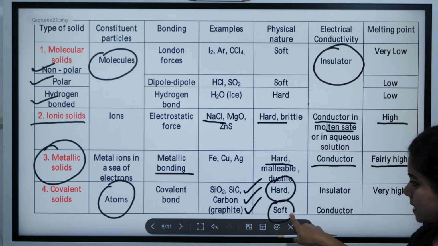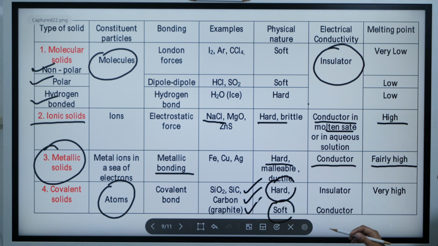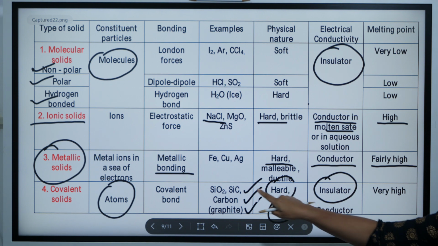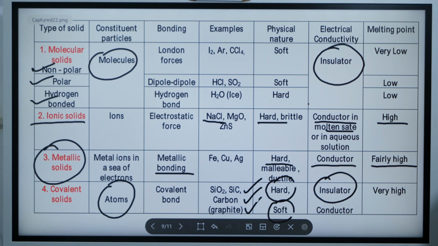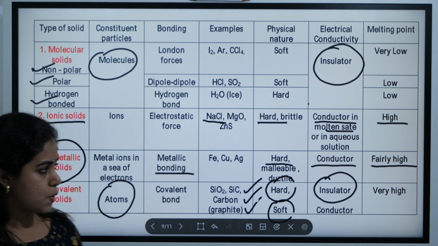For example, graphite is soft whereas diamond is hard. It depends upon the solid and the bonding in them. Usually they are insulators, like silicon dioxide and diamond. One exception is graphite, which is a good conductor of electricity. And the melting point will be very high in the case of covalent solids also.